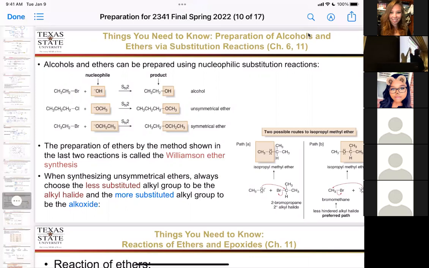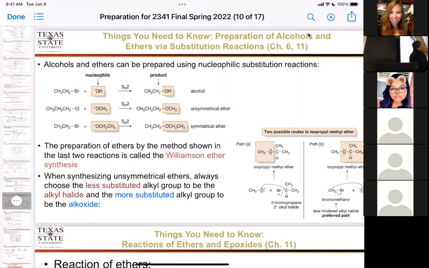If you have an alkoxide, you will make an ether. Same reaction, just different nucleophile. And so we're going to make an unsymmetrical ether. And in this case, we have 2 of the same size to make a symmetrical ether. Remember, that's the Williamson ether synthesis, using an alkoxide as a nucleophile.